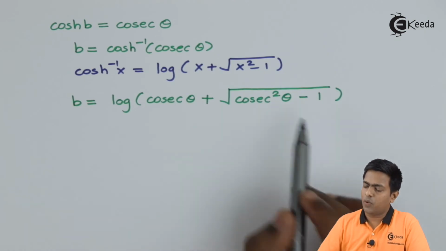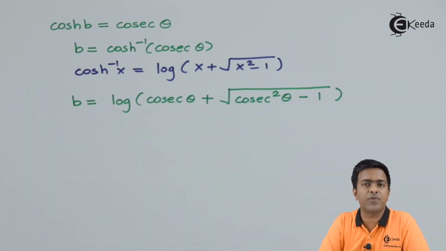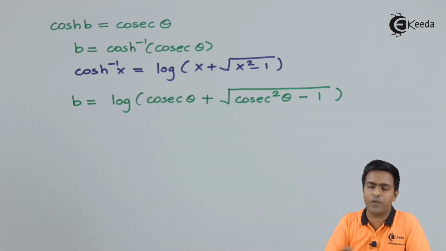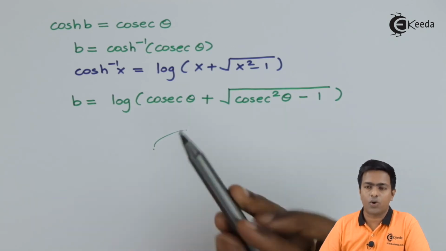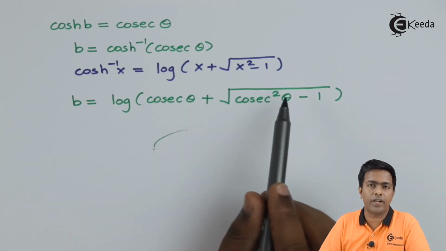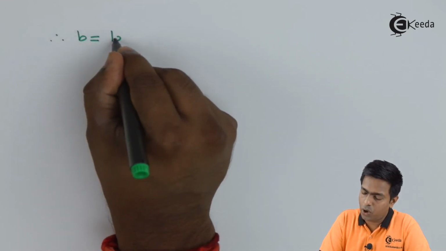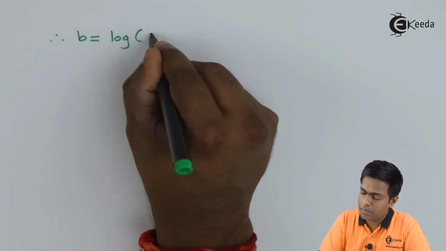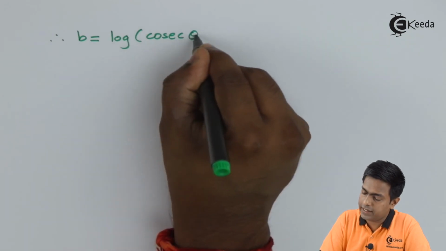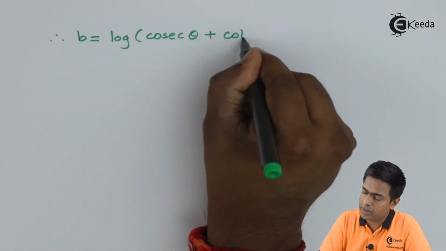Now guys, what is the value of cosec square theta minus 1? By the rules of trigonometry, it's cot square theta, and the root of cot square theta is cot theta. So here we'll get cosec theta plus cot theta. Therefore B is equal to log of cosec theta plus cot theta.